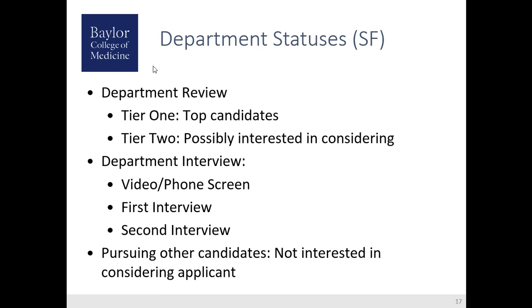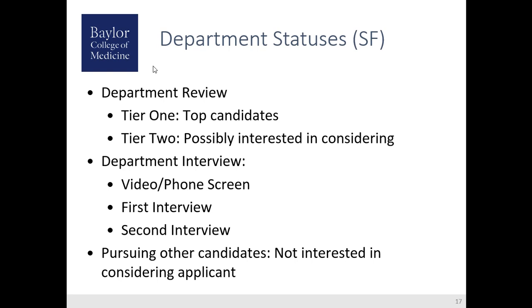Once you get into SuccessFactors and you're reviewing the actual applications, then you have lots of options to be able to sort them. So the first category that the recruiter is going to move them to is department review. And from there, when you get in and see the applicants in department review, you can move them to different subcategories. So within department review, there's a tier 1 and a tier 2.